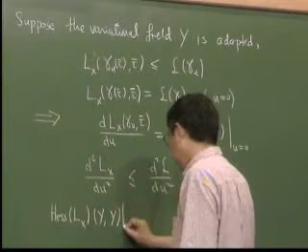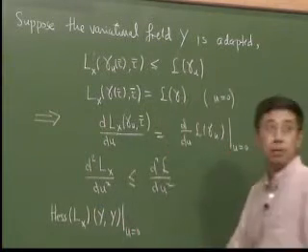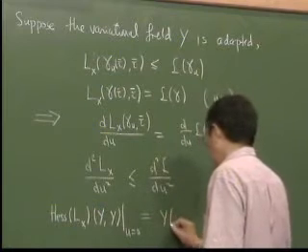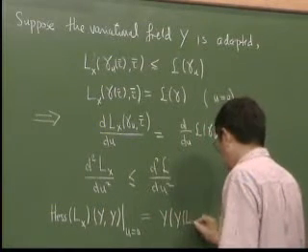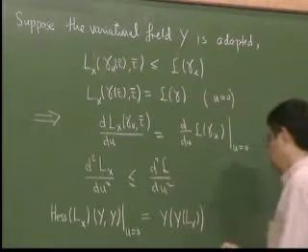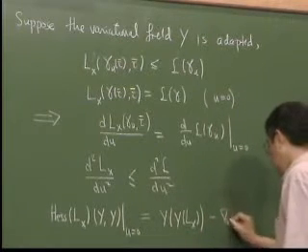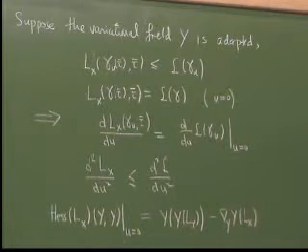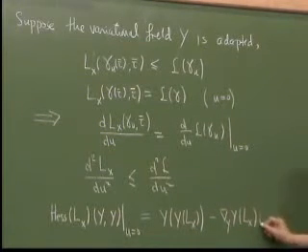Of course, we compute at u equal to 0. So this is equal to Y Y L_X minus the gradient term, of course everything at tau bar.